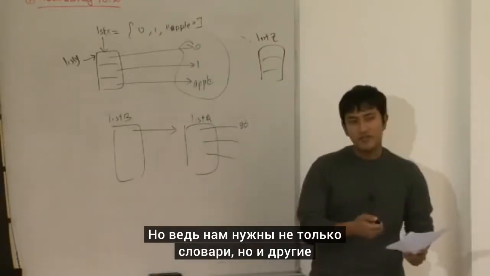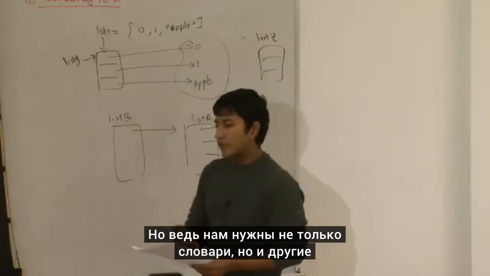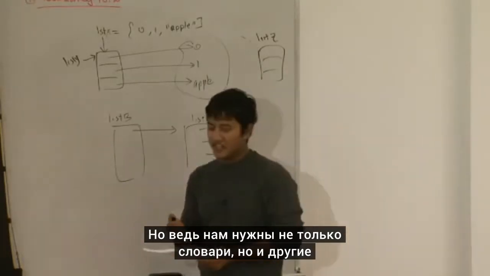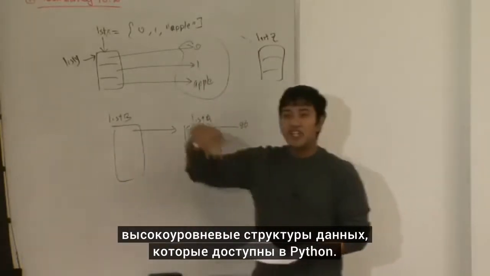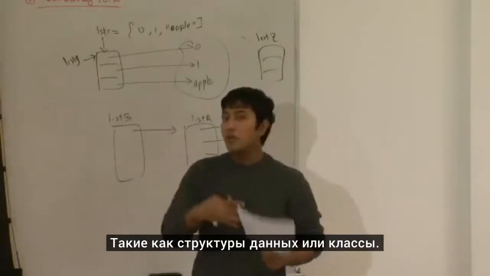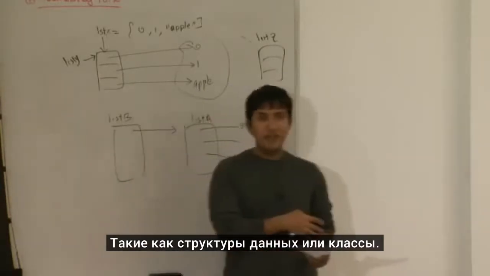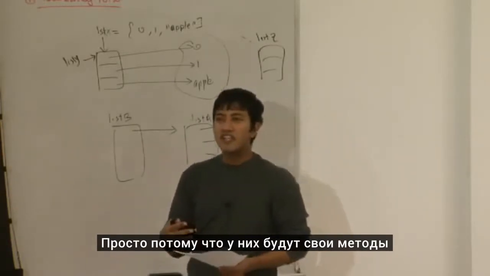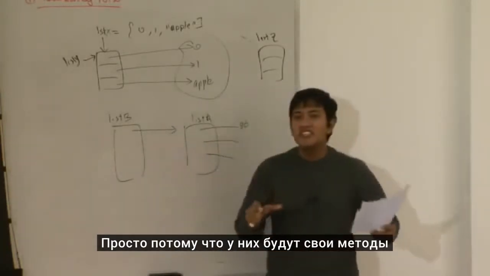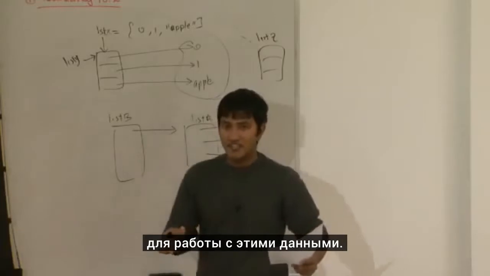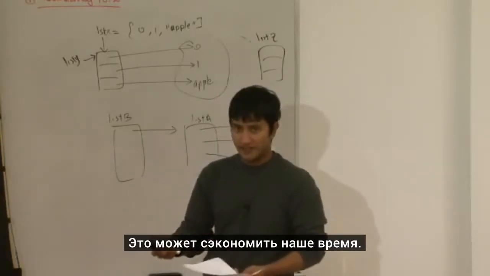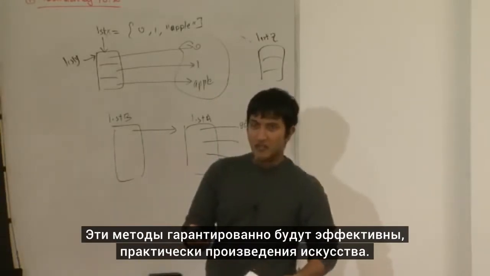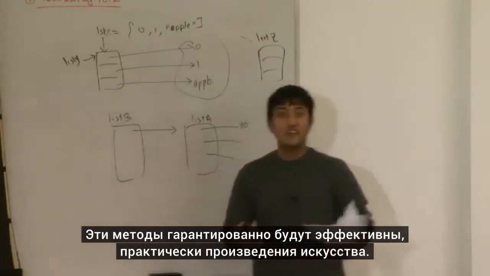But the problem is, actually, not just the dictionaries, but other high-level data structures are available in Python as built-in data structures or as classes, because they will have these methods implemented. So it would save some time for us. Plus, those methods are guaranteed to be state of the art.